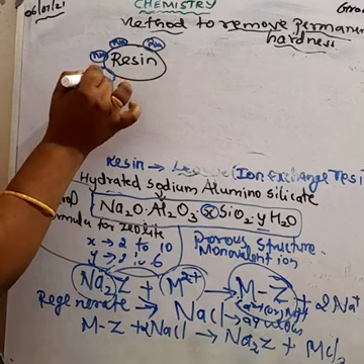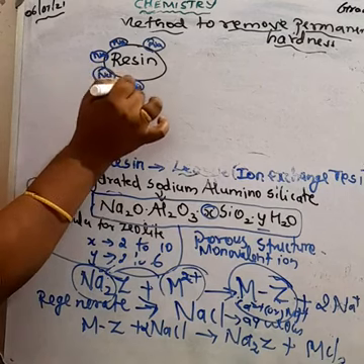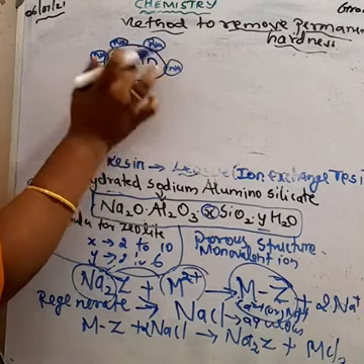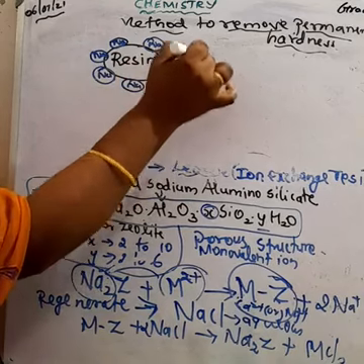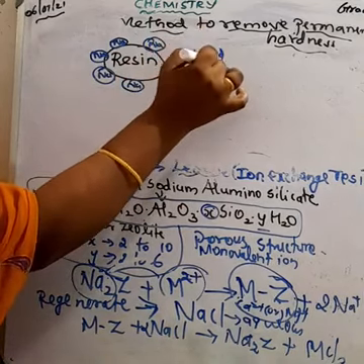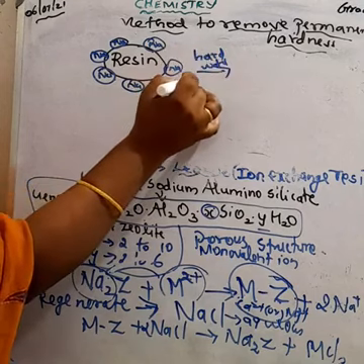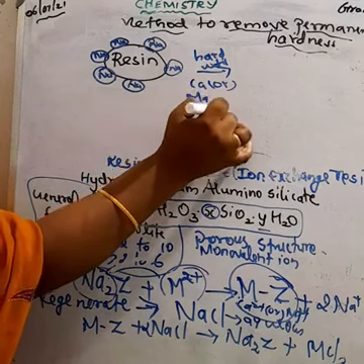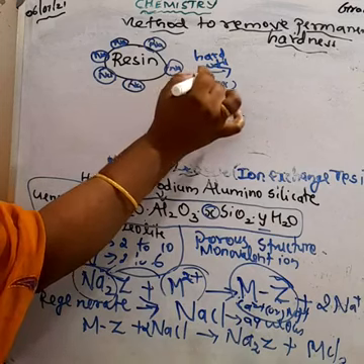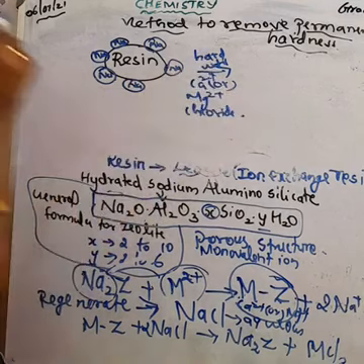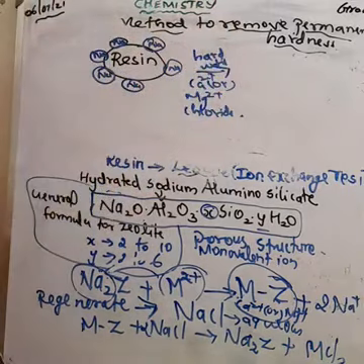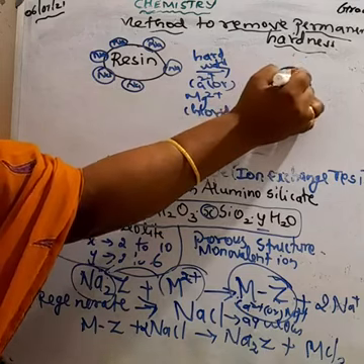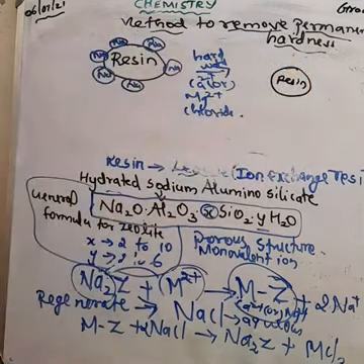When we pass the hot water through the zeolite bed, we can exchange the sodium atom in the zeolite bed with the metal ion present in hot water. What is the metal ion? Calcium or magnesium, Ca2 plus or Mg2 plus. The Ca2 plus or Mg2 plus is replaced by the sodium atom. Ca2 plus, Mg2 plus.